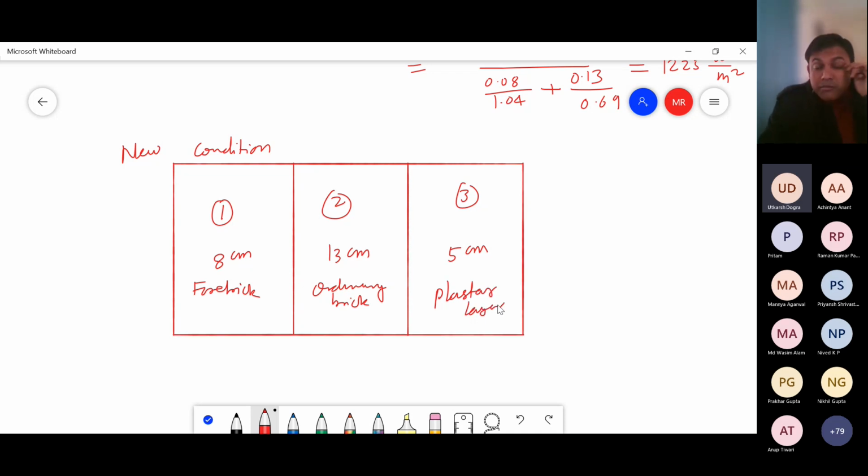By adding this additional plaster layer, the outer temperature is now 60 degrees Celsius. And this temperature is again 400 degrees Celsius.